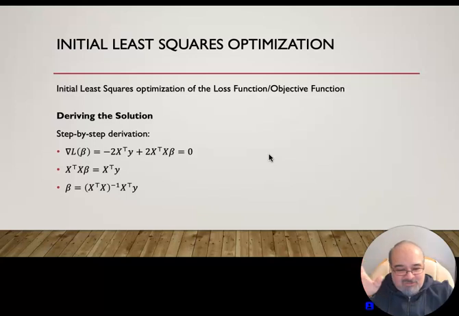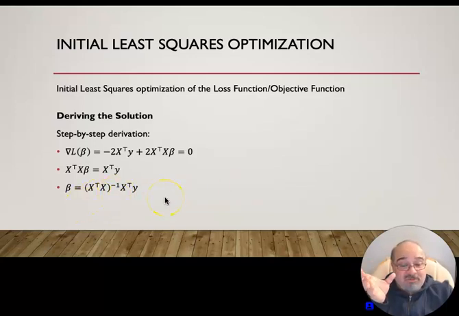I hope when I point this way, you're seeing the left side, depending on if the image is mirrored or not. But this is a system of linear equations, and in that third equation, the beta equals x transpose x inverse times x transpose y. We're basically solving for beta by multiplying both sides by x transpose x inverse.